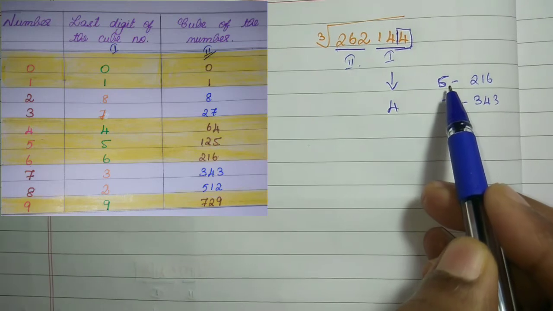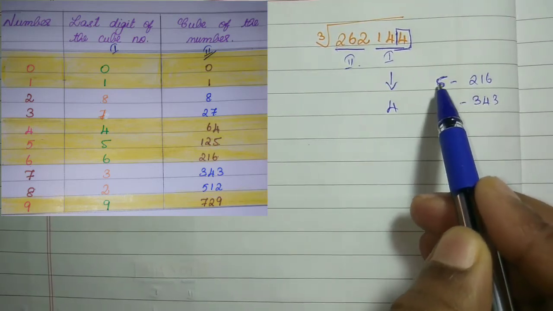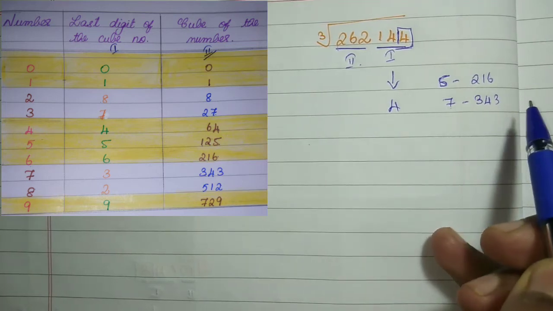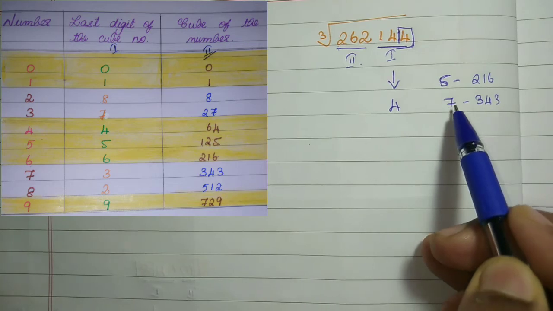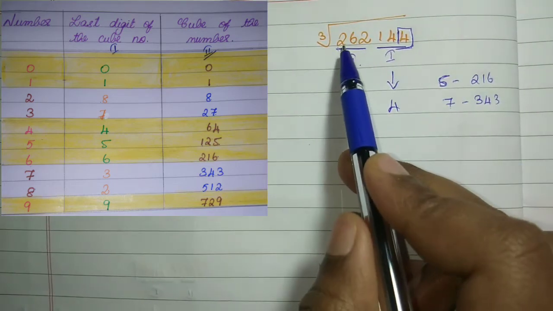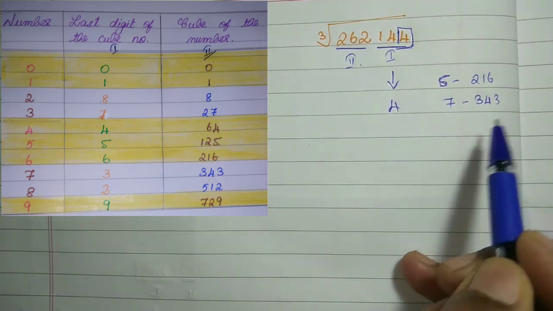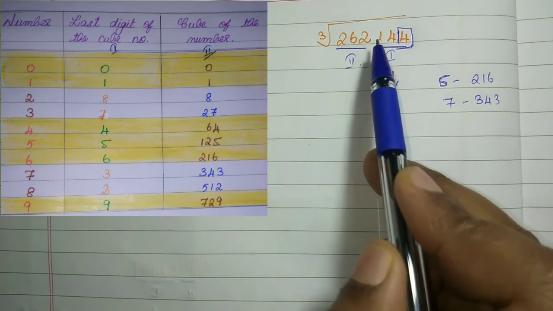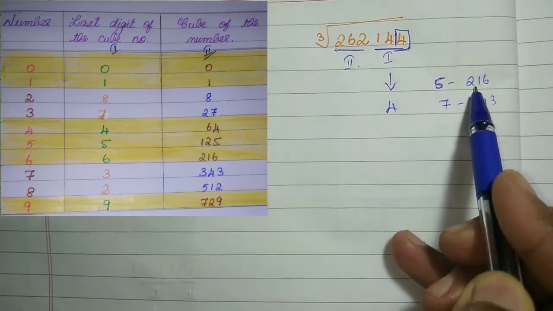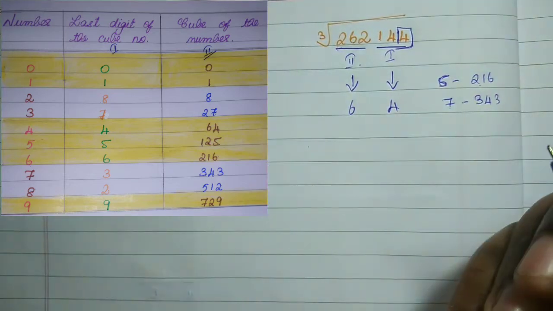So I will just check whether 262 is greater than 216 or 343. 262 is greater than 216 only, so I will be just taking this 6. So in my part 2 I have 6 here.